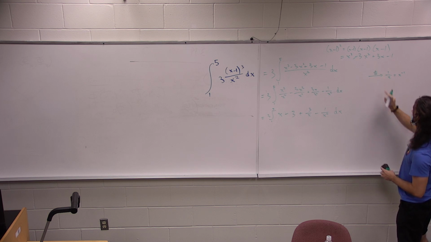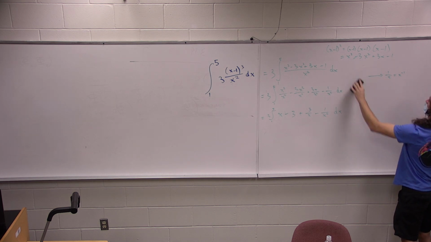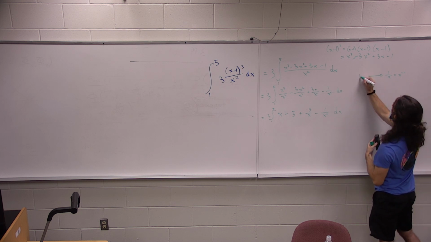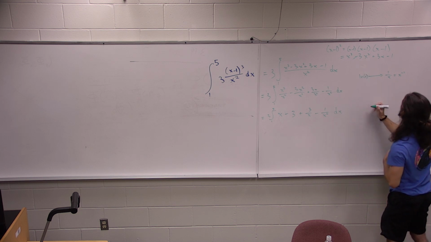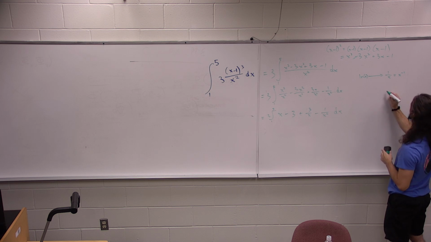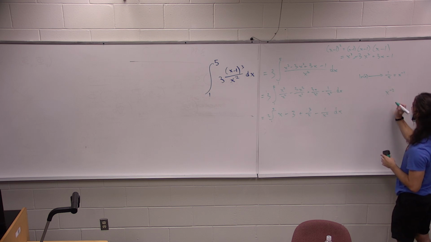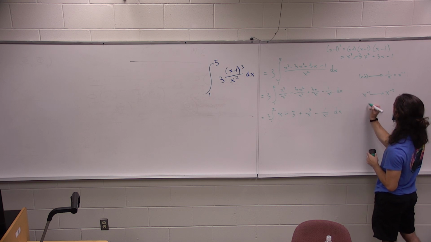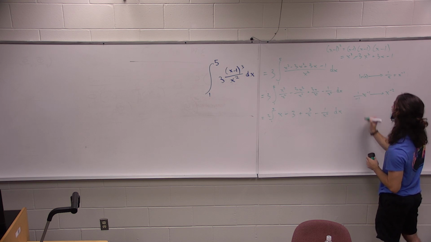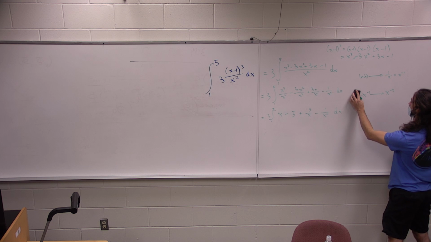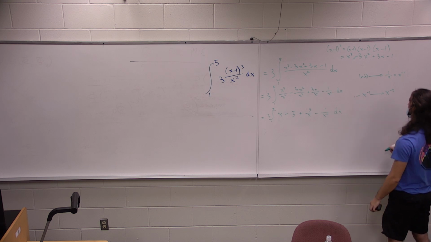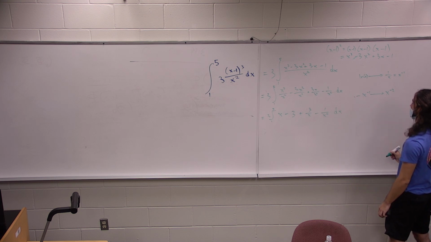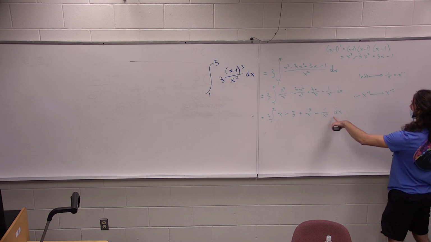If this arrow means the derivative, the antiderivative of that is ln. But besides that one, we use the power rule on all of them, so like x to the negative 2, right? The power rule says you increase the power by 1, and then you divide by the new power, which is -1. So in this case, it would be negative x to the minus 1. So that's relevant for this last one here.